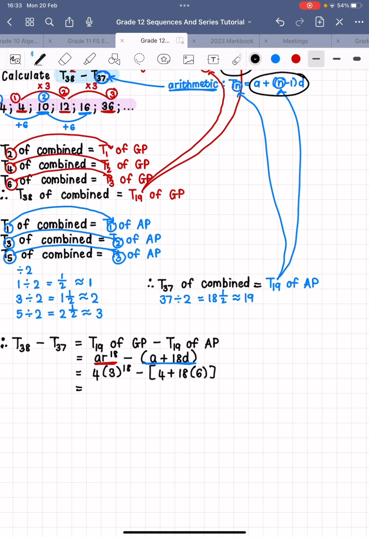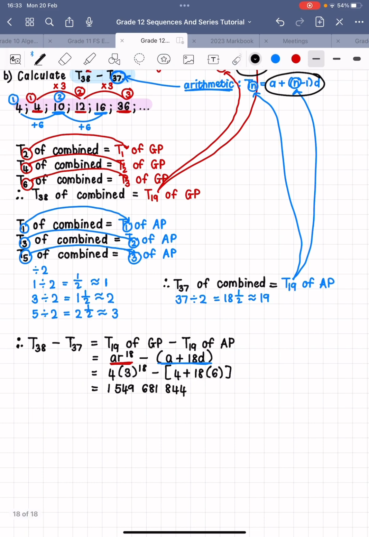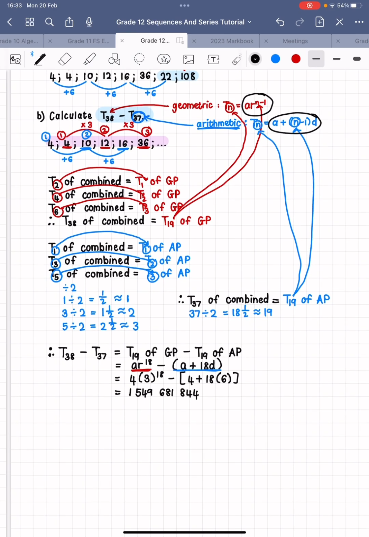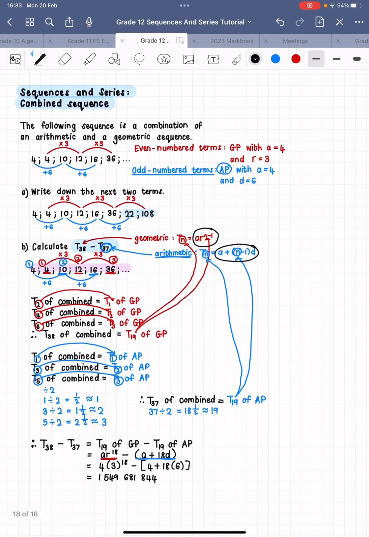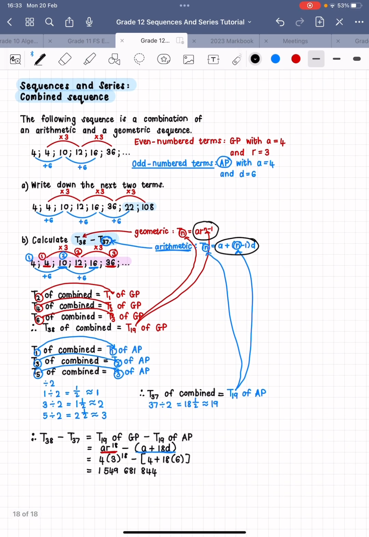I'm just quickly calculating it myself. 4 plus 18 times 6, I'm typing it in, and I am getting 1,549,681,844. This is a problem solving question, so don't feel bad if you are not fully understanding this. But this is something that does come up quite often in tests or exams as the problem solving question.